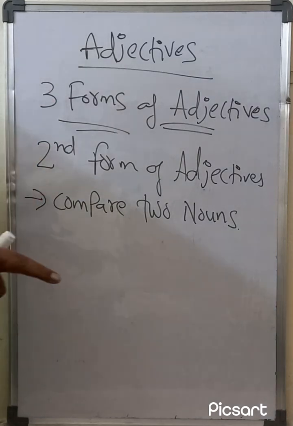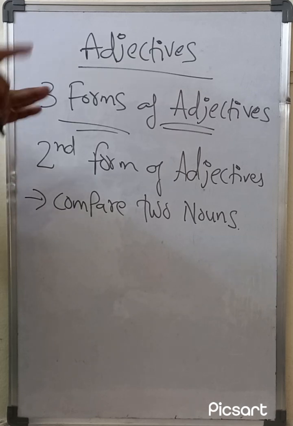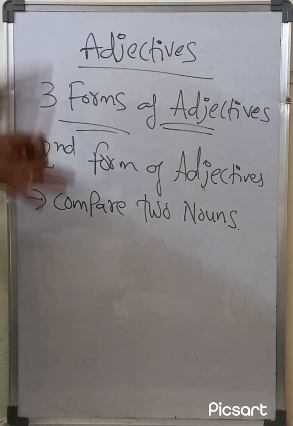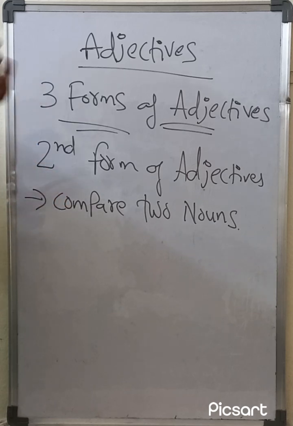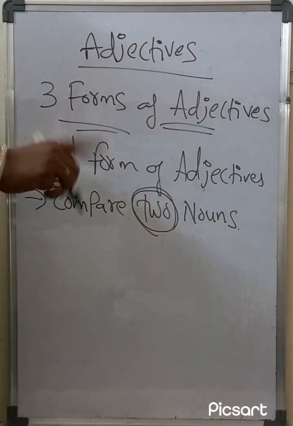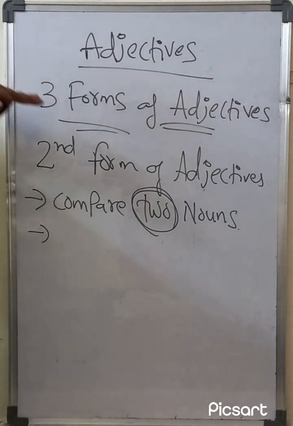It could be between two people, two houses, two places, two countries, two jobs, two companies, two students, two children, two interviews, or two employers, two friends. It could be any noun, but it should always be between two. Is that clear, guys?